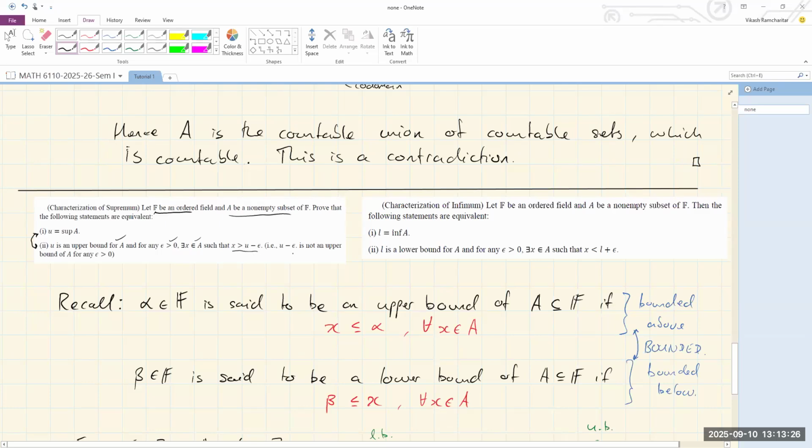In other words, if U is the supremum, then U minus any little bit, U minus epsilon, is not an upper bound for A, for any epsilon. It's an equivalent statement, which means I need to prove 1 implies 2 and 2 implies 1.